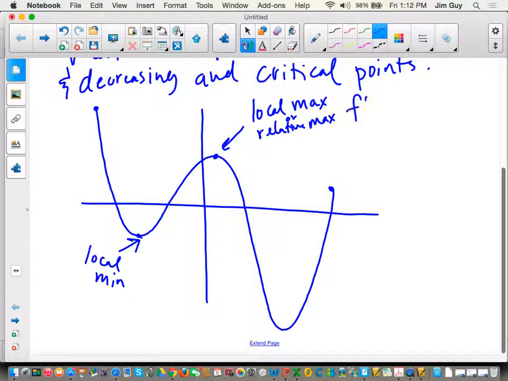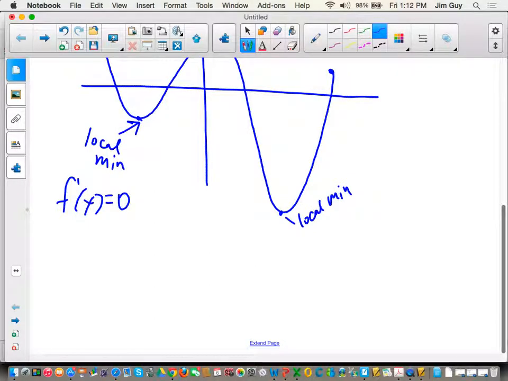Slope is 0, so the derivative is equal to 0. Derivative there is equal to 0. And of course here too, this is a local minimum. Besides being a local minimum, what else do you notice about that? Yeah, it is, right? So that is the absolute minimum we say. In other words, that is the minimum value. So it's also the absolute minimum.